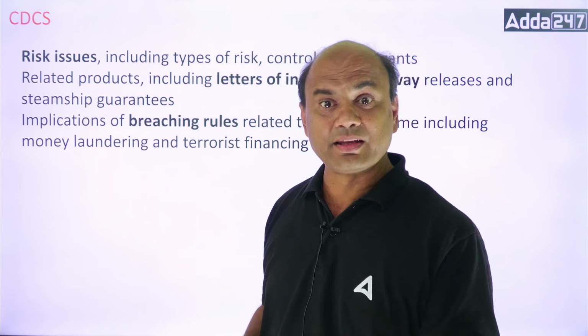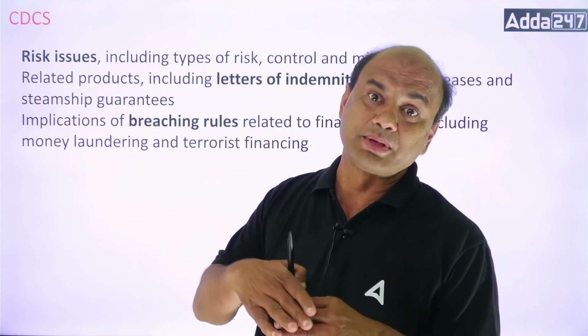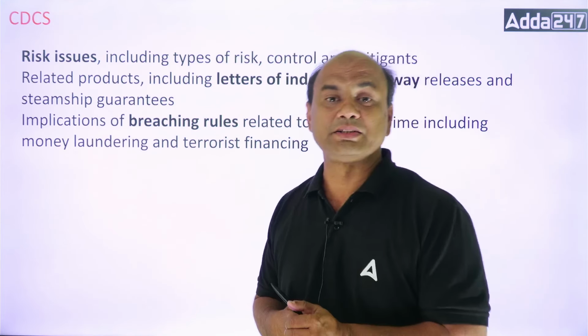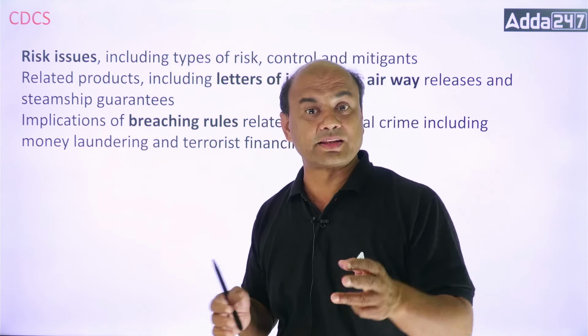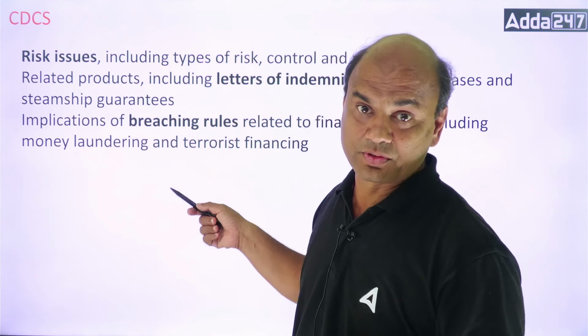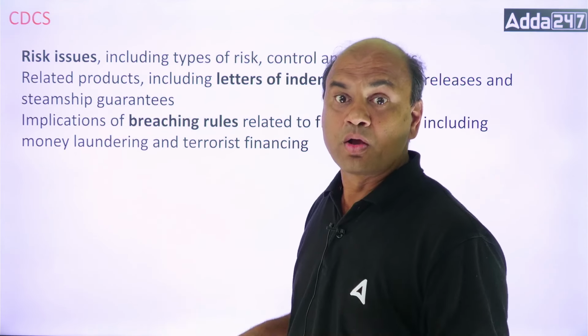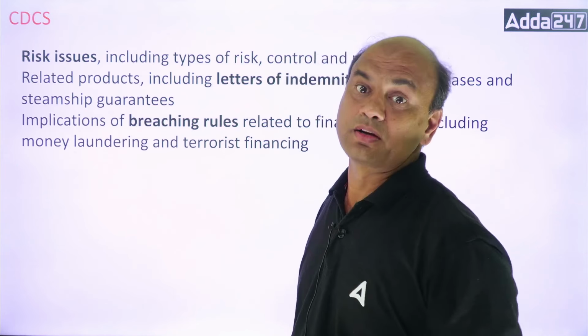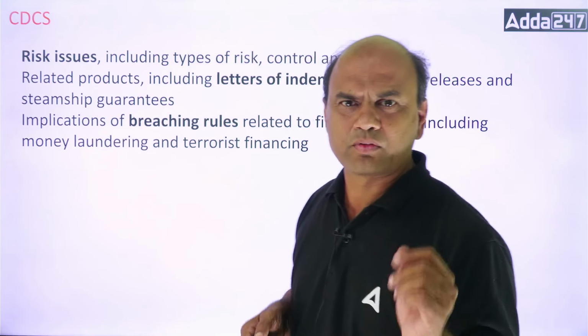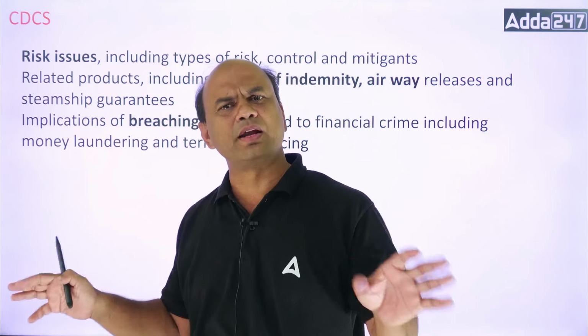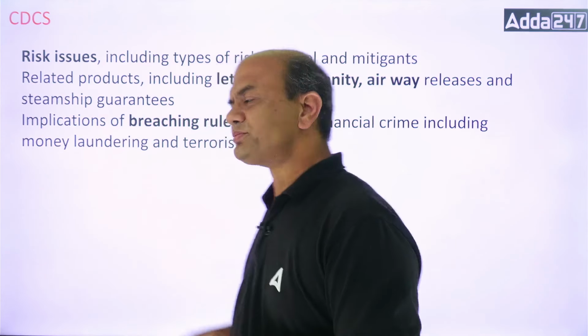Means layering techniques, mixing this, and then finally putting it in the payment systems, right? So there are 3 steps basically in money laundering. All of you should be conversant with it. And mind it, at Adda247 we'll be covering all these parts. We'll be giving you separate lectures on this, okay?